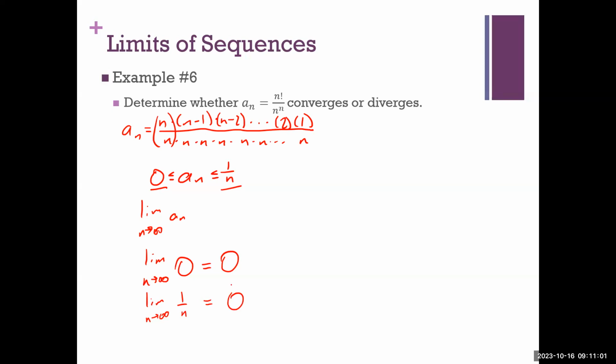So any sequence that's always stuck between them, these two things guarantee that the limit of the middle sequence is also 0. I think there are a couple of questions on both the written homework and online homework here. Any questions?